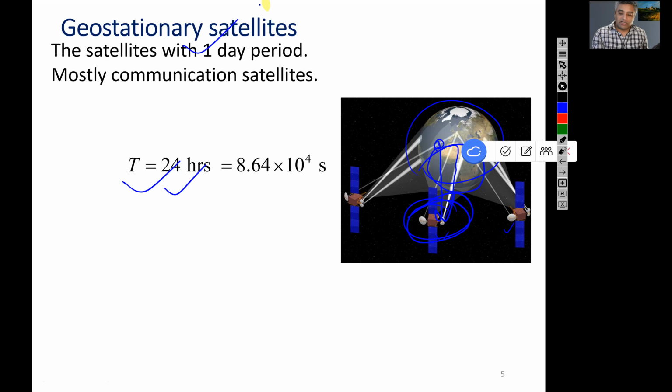Okay. Let's see what we got. Less than, equal to, greater than, and need more information as well. Okay.